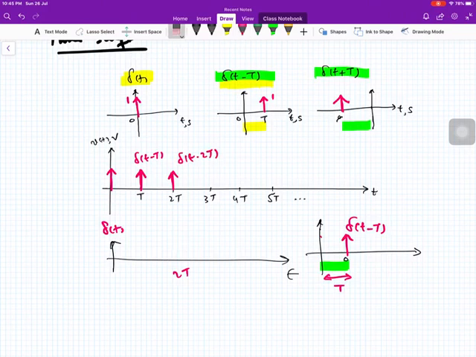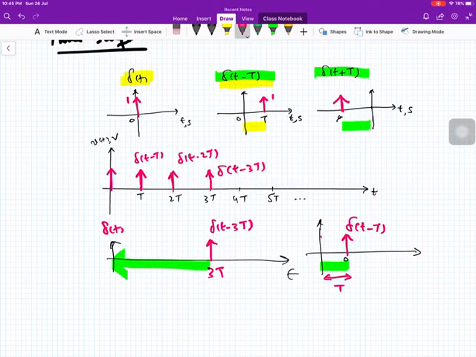And now if we see an impulse here at 3t, this will be represented as delta t minus 3t. Again, origin was here and we have shifted the origin to negative side by an amount 3t seconds. This is delta t minus 3t.